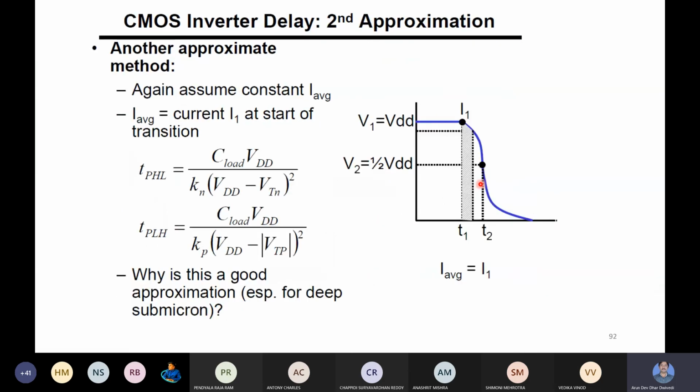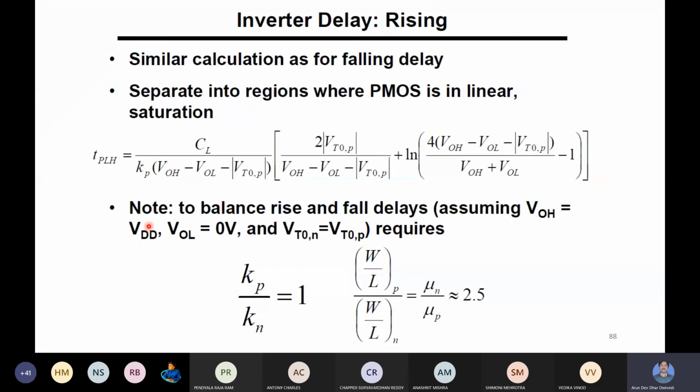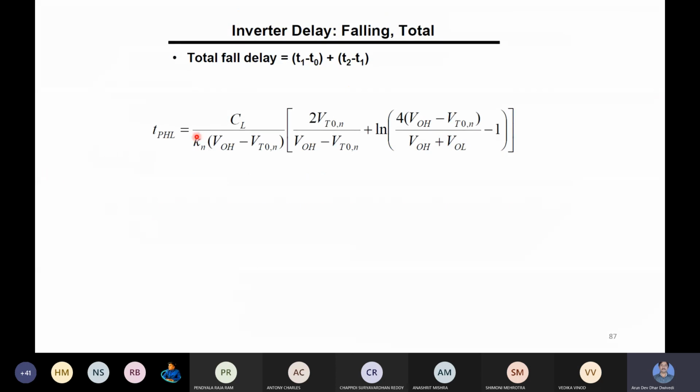All these previous calculations, TPLH and TPHL, were valid for the step pulse. A step pulse is a pulse which rises very fast and does not take any rise time or fall time while switching from low to high or high to low.